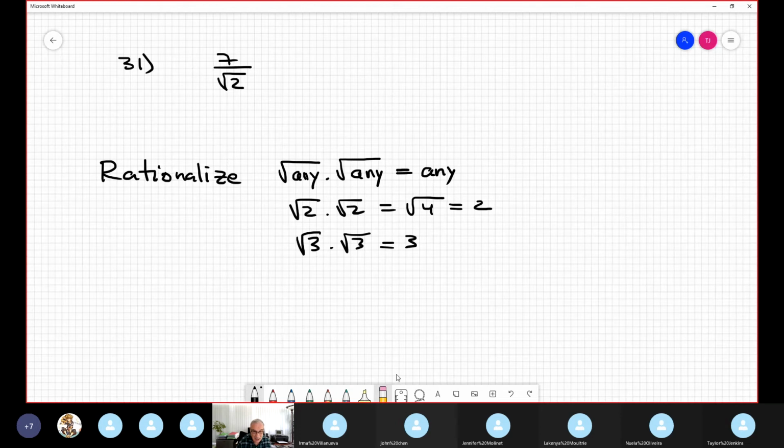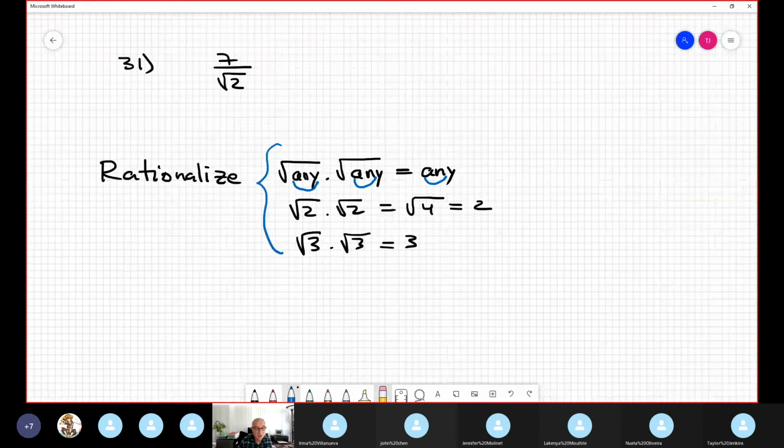In general, radical of any number or expression times radical of the same expression is equal to the expression without radical. And you take advantage of this property to rationalize, which is a synonym to say you remove the radical in the denominator.